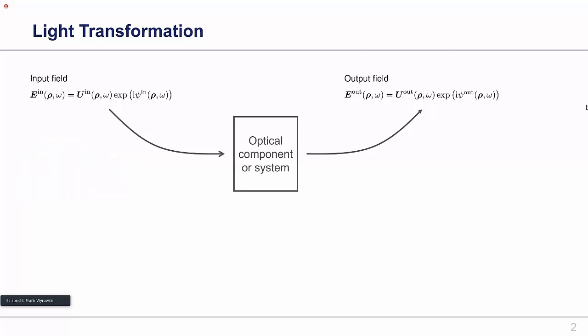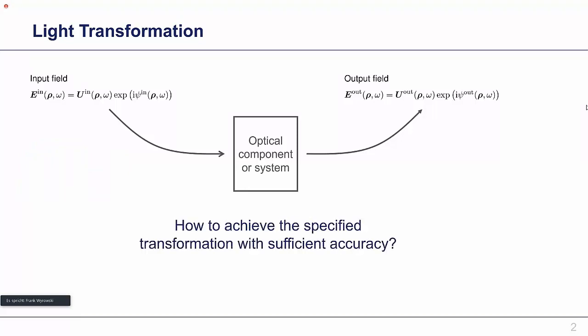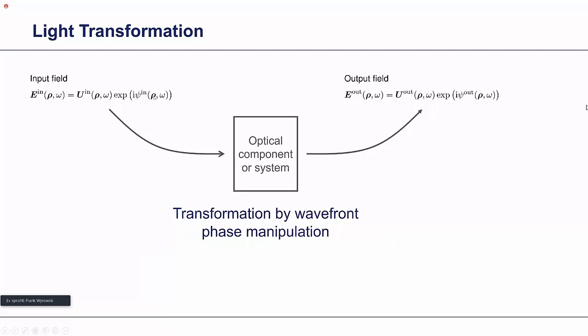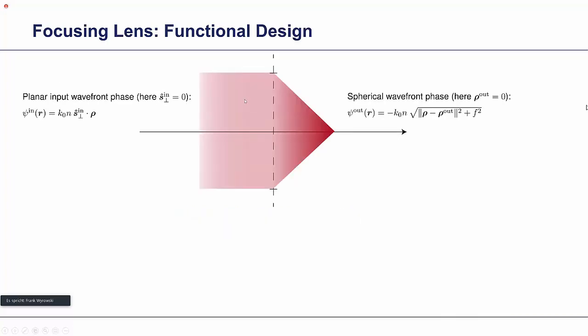And the question is, of course, how to achieve a transformation with sufficient accuracy. And in optics, we typically try to achieve that by manipulating the wavefront phase. That is what both speakers talked about before. Manipulating the wavefront phase is exactly the way to try to do it. And here is a very, very simple example. It's a focusing lens, right?